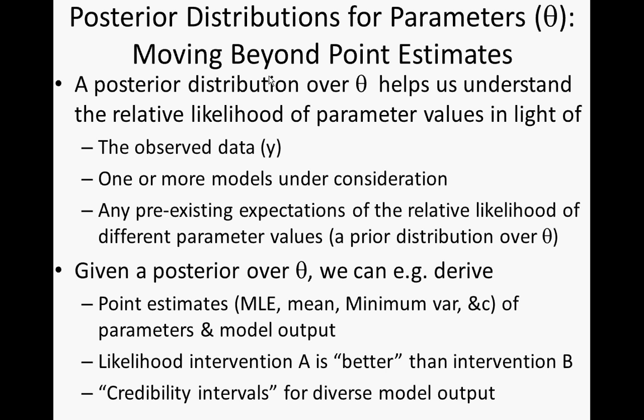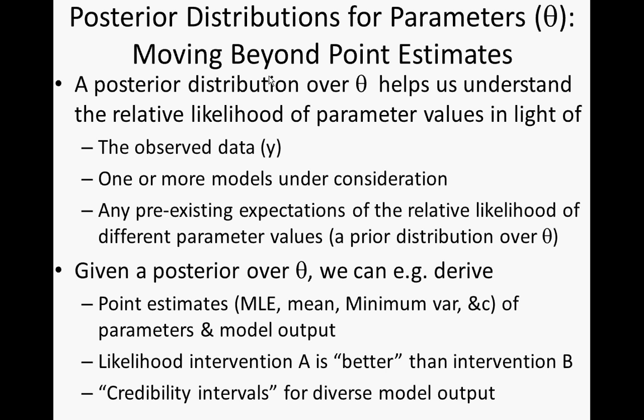We can also arrive at these distributions over model outputs. We can arrive at distributions over, for example, how much better intervention A is than intervention B with respect to some particular metric, for instance, quality adjusted life years lived. Or we can ask what's the likelihood, for example, that intervention A is better than intervention B in terms of various outcome measures.